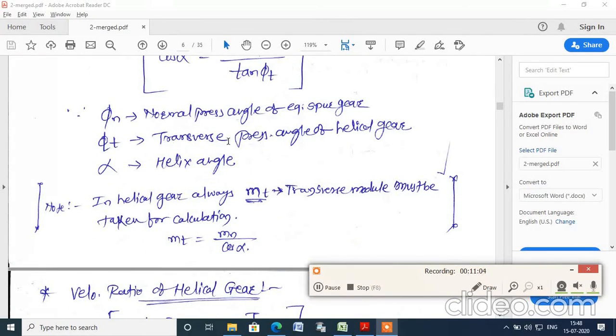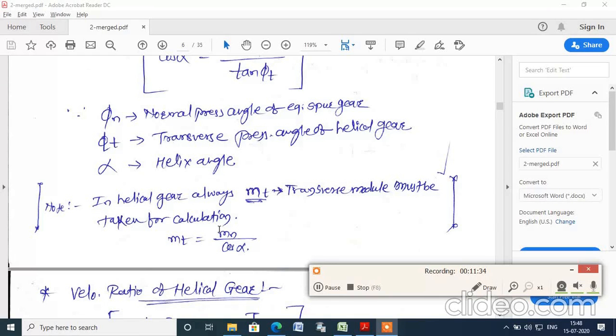Students, please make a note. You can write this down in your notebook. In helical gear, always use the transverse module, that is MT, for calculation while solving the problem. We know that transverse module MT is equal to Mn by cos alpha. This is a very important note.